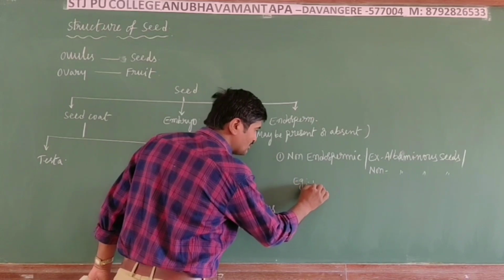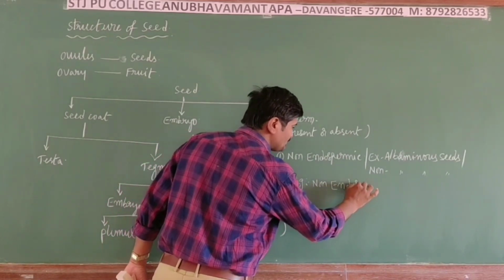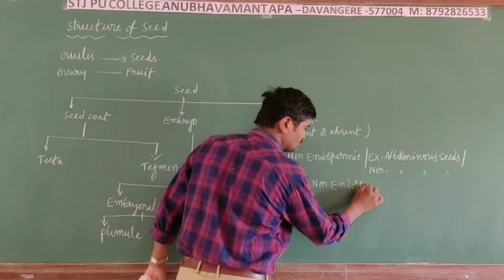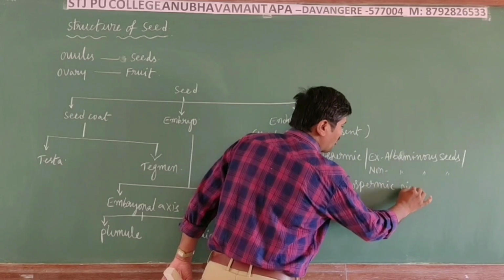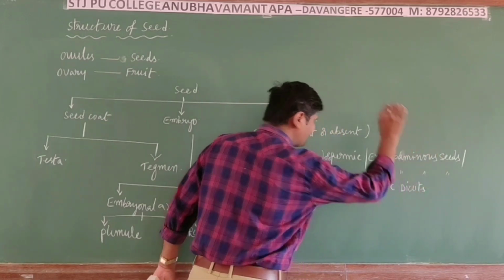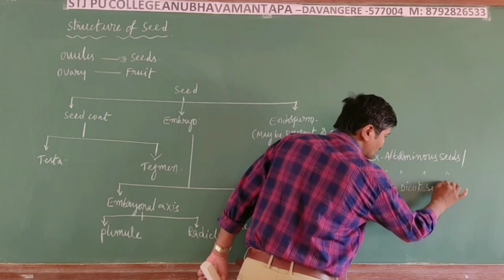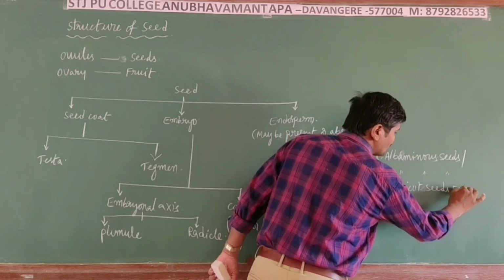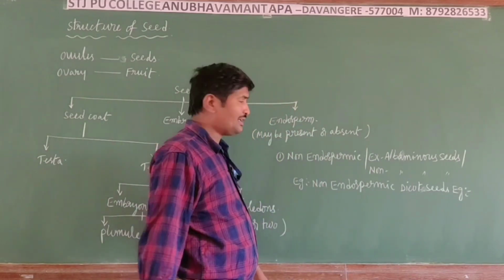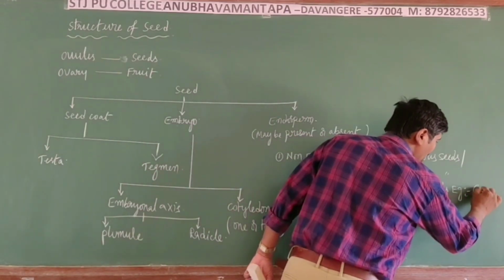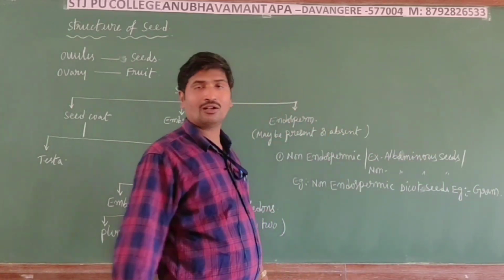Example, non-endospermic dicot seeds. Gram: you take any gram, green gram, Bengal gram.